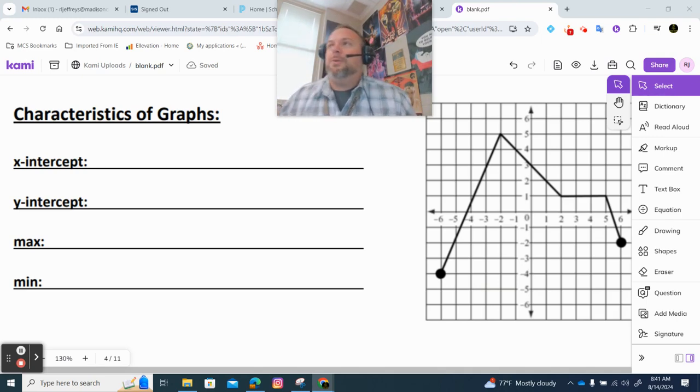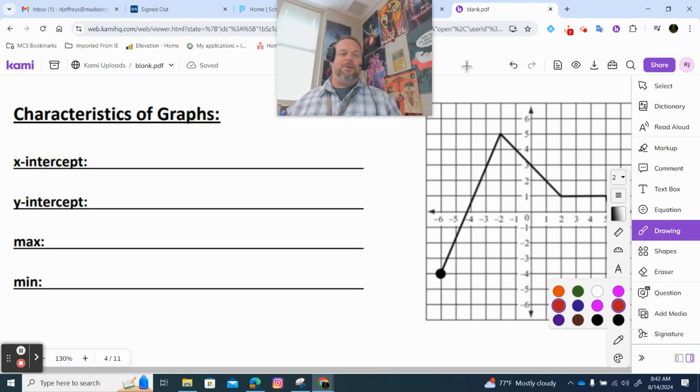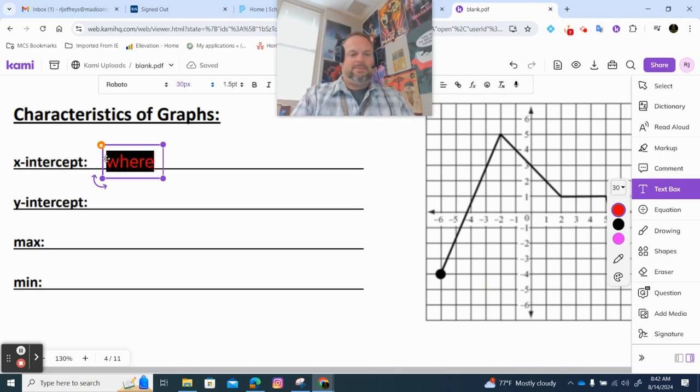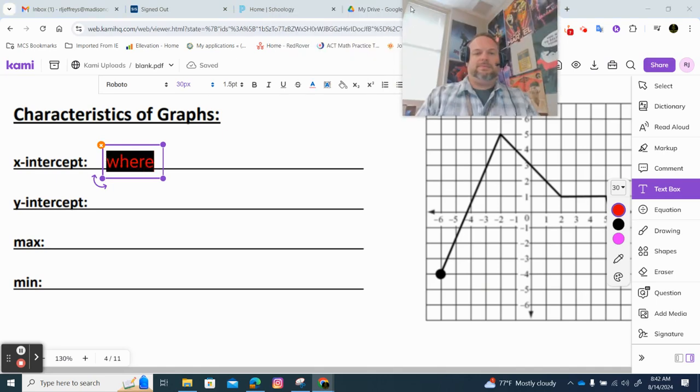Now, characteristics of graphs, what these look like. There was a situation in class yesterday, so we'll just see. All right, so x-intercept. How about I type this out because we know my handwriting is atrocious.